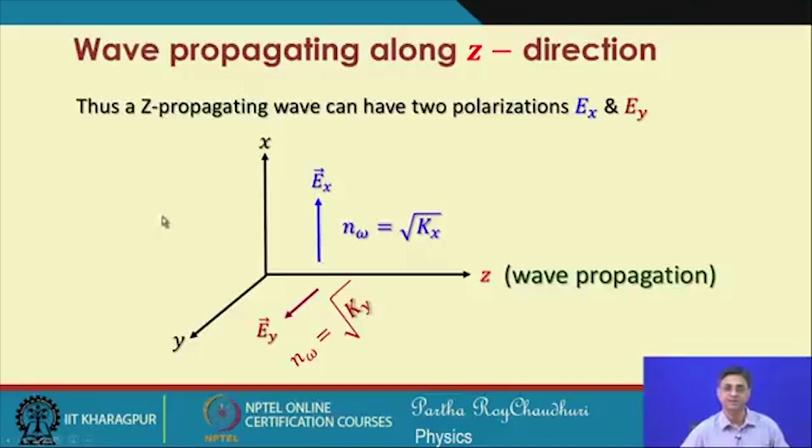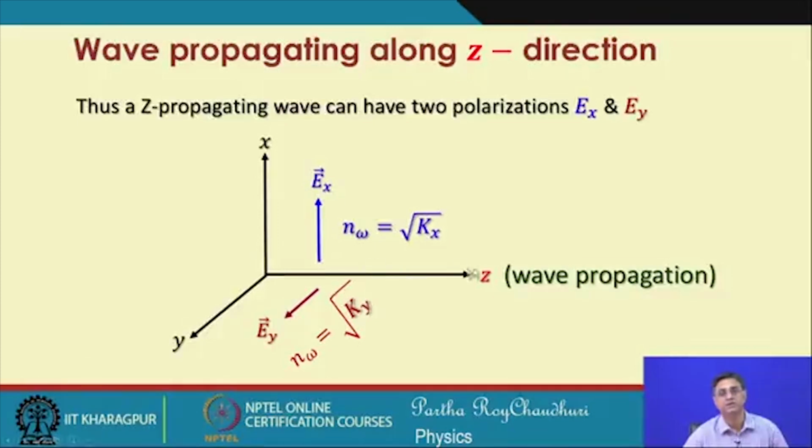So, we can now find out that when the wave is travelling along the z direction, this wave can see a refractive index which is along the x direction and given by this permittivity square root, and the electric field is along this x direction. Because it has two solutions, this wave can have a refractive index value n omega equal to under root of k y, and the electric field is directed along E y.